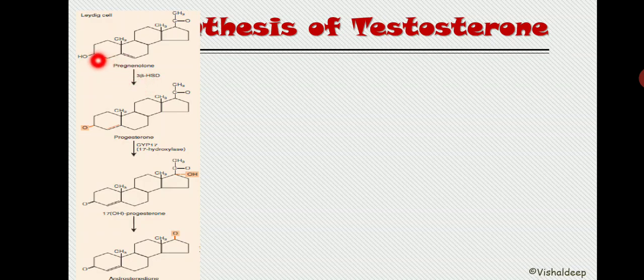So dehydrogenase removes the H and it is converted into this kind of molecule, known as progesterone. This is the progesterone molecule. It has carbons numbered 19, 20 and 21, so progesterone has 21 carbon atoms, same as pregnenolone.